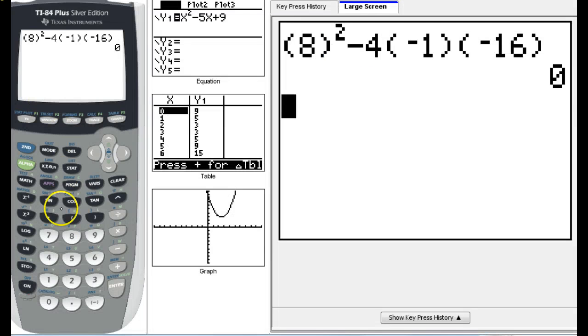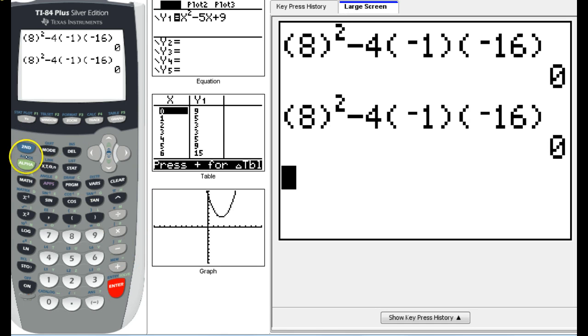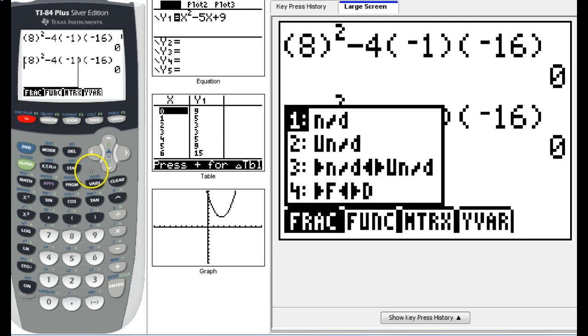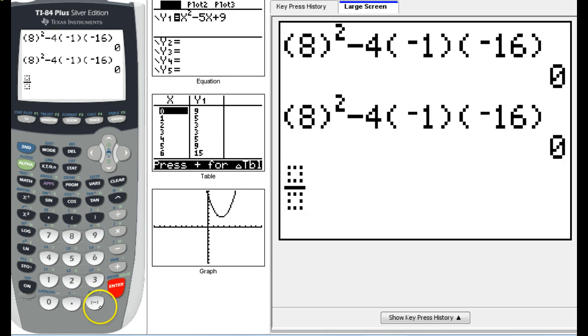So get your fraction. On the top, negative 8 plus the square root of 0, and all that over negative 2.